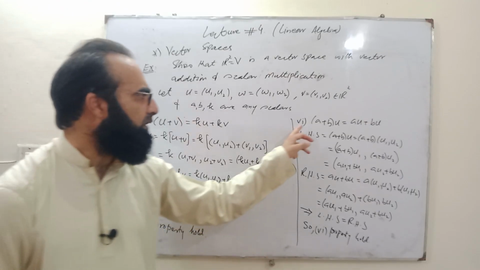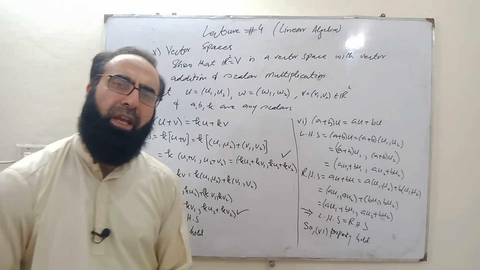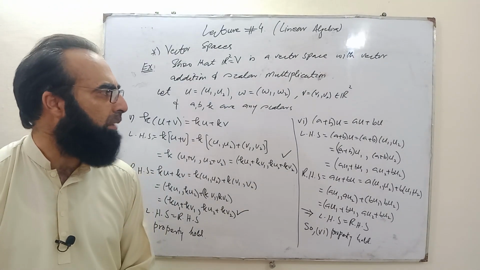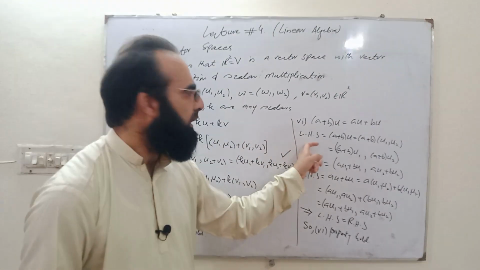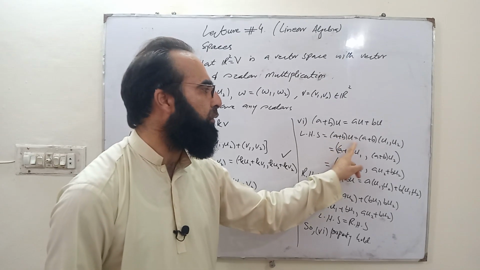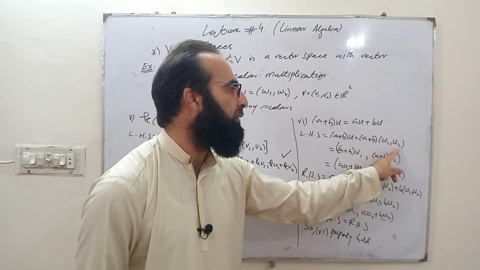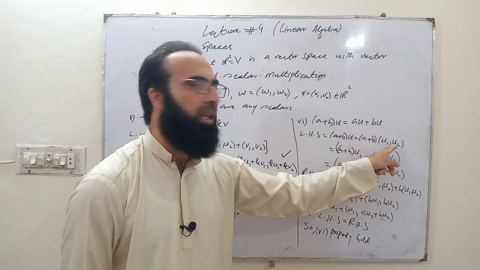Now the sixth property is (a plus b) times u vector is equal to a times u plus b times u. Just like the fifth one, take the left side. Left side is (a plus b) times u. Put the vector u, which is u1 and u2. Now multiply a plus b with u1 and u2.